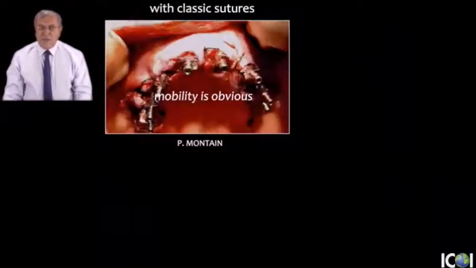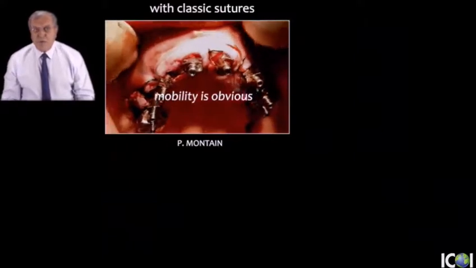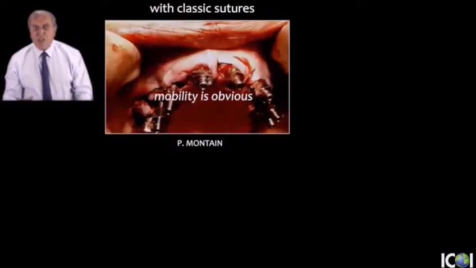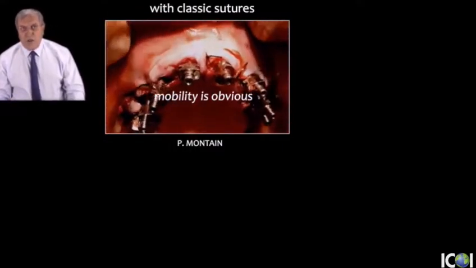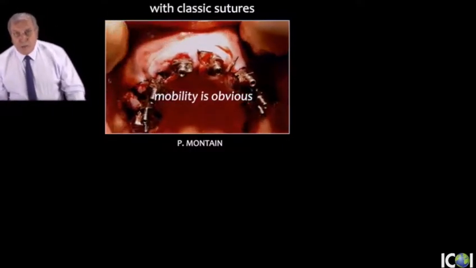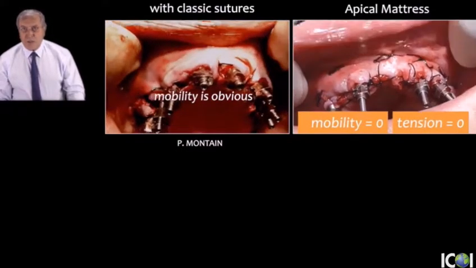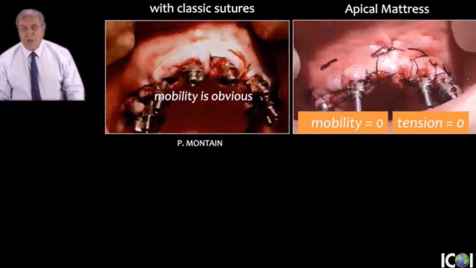With classic sutures, the mobility is obvious because the buccal flap is not fixed. But if we change this suture to an apical mattress, we will see that we stop the mobility and we stop the tension in the buccal flap.